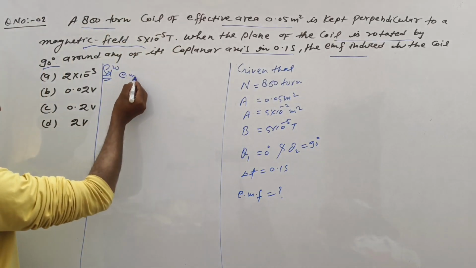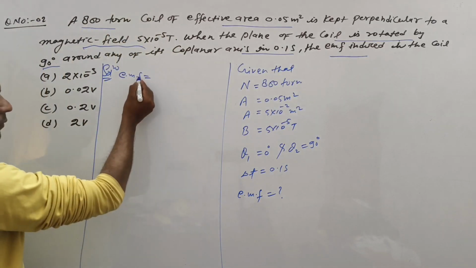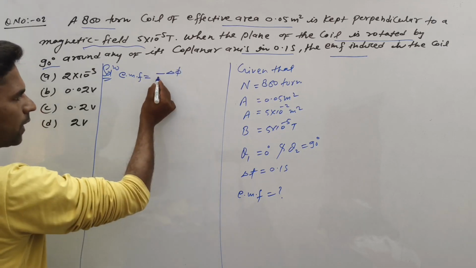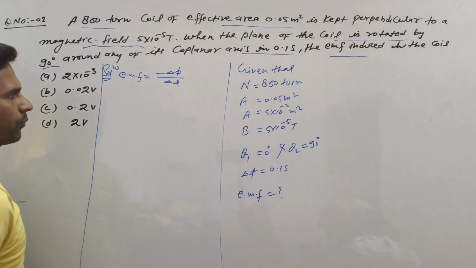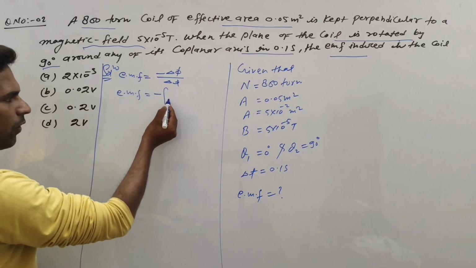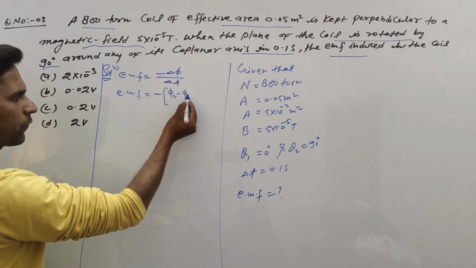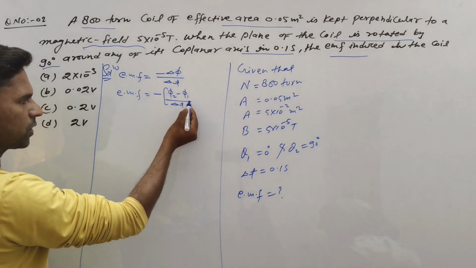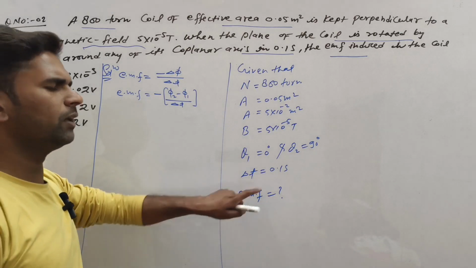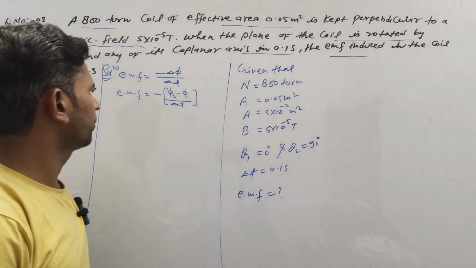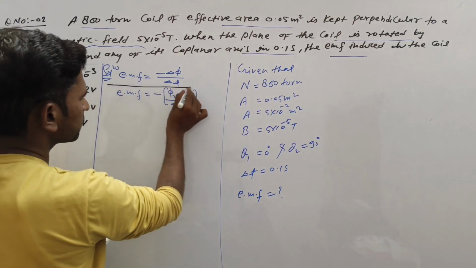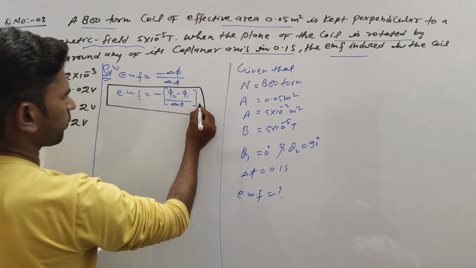Induced EMF is equal to negative of change in magnetic flux divided by change in time. You can also write EMF is equal to negative of phi 2 minus phi 1 divided by change in time. You can also write t2 minus t1, but here the change in time is already given. Now we will apply this formula to find the answer to this problem.